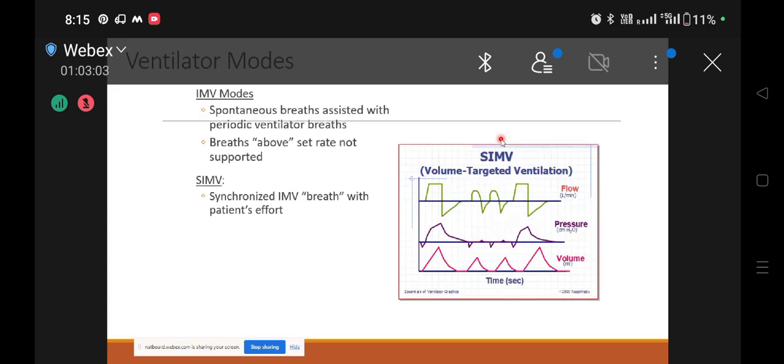So now another mode comes which is called IMV mode, or intermittent mandatory ventilatory modes, where again your spontaneous breaths are being assisted with the ventilatory breaths, but not the breaths which are set above the supported breaths. And on top of that, it is also synchronized. So if you can see over here, in this volume targeted ventilation, let us make it more clear.